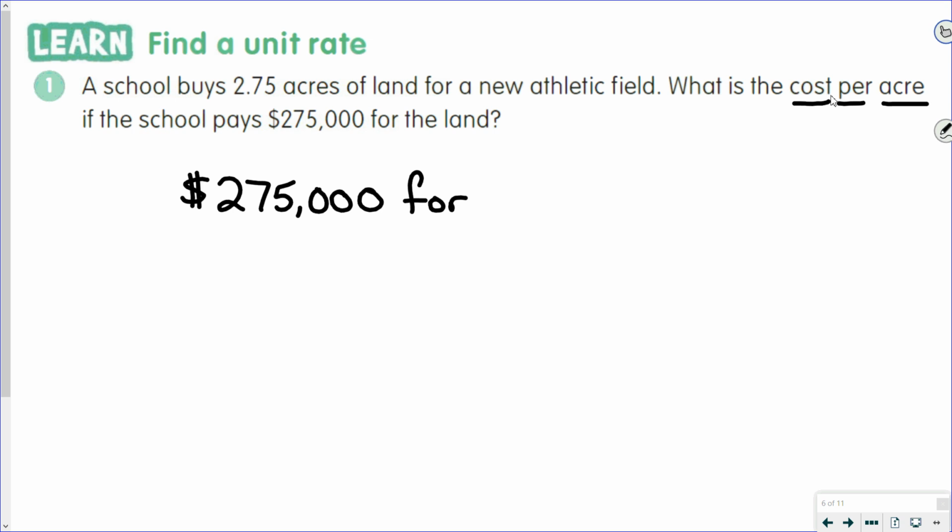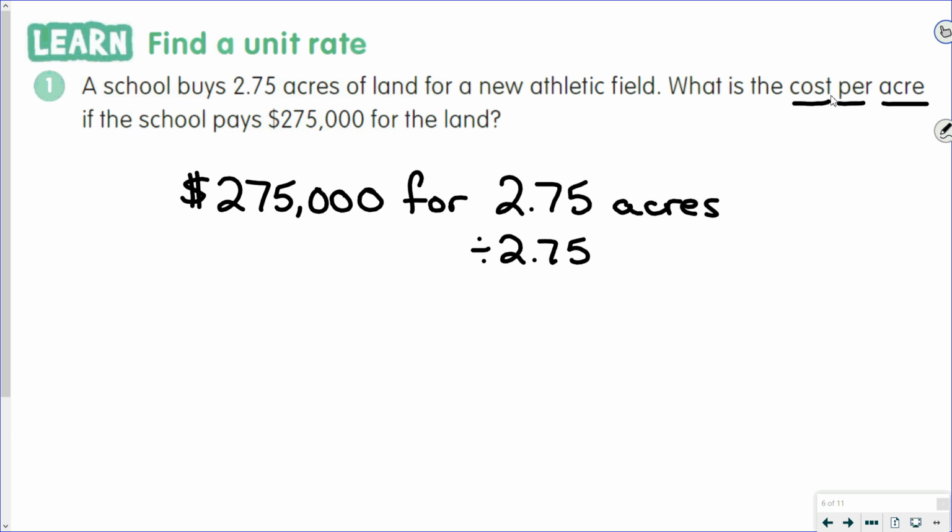They could be interchangeable in this situation. And then our acre is 2.75 acres. So if I'm looking for the cost per acre, that means I want the cost per 1 acre. So again, I'm going to take this second one down to 1, and the way you take it down to 1 is, again, you divide it by itself.